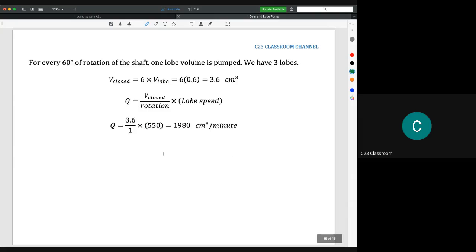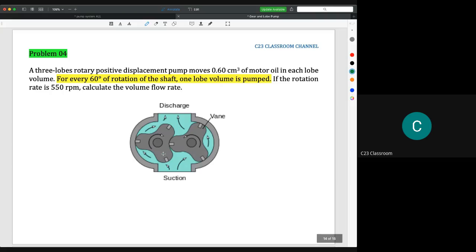Okay, so this is actually the last question for the lobe pump. Let's say we have a 3-lobe pump, a 3-lobe rotary positive displacement pump. I just use the same question. Let's say the volume for one lobe is 0.6 centimeter cube, and the RPM is also the same.